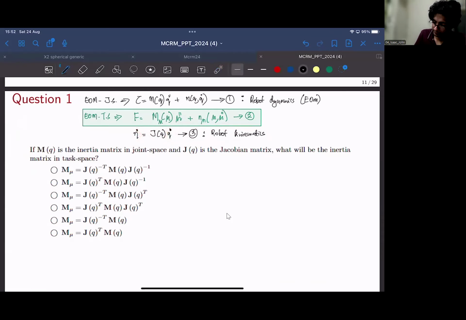So if you take the derivative of equation 3 with respect to time, what will you get? Eta double dot would be J of Q multiplied by Q double dot plus J dot of Q multiplied by Q dot. I'll write this as equation 4, and we obtain this by the chain rule.